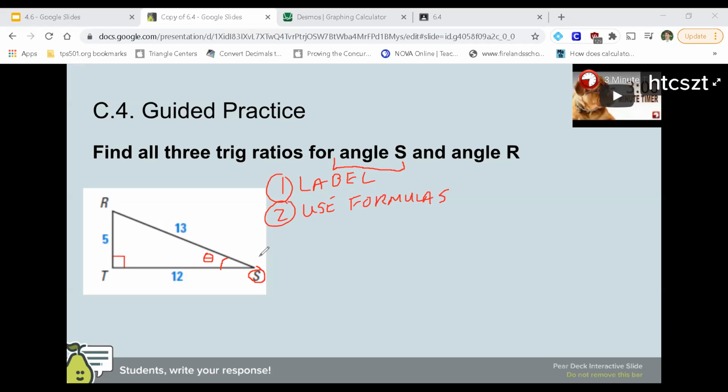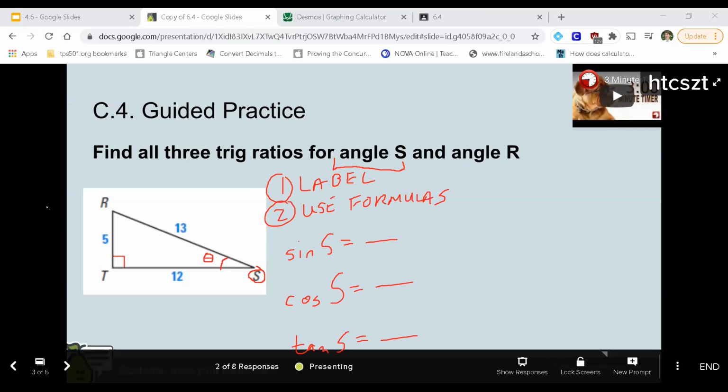So you should tell me that the sine of S is blank over blank. The cosine of S is blank over blank. And the tangent of S is blank over blank. Okay? We'll break this up into 2 parts. I'll give you 1.5 minutes to label for angle S and then plug your numbers in to the appropriate spots in your formulas. And then I'll give you 1.5 minutes to do angle R.